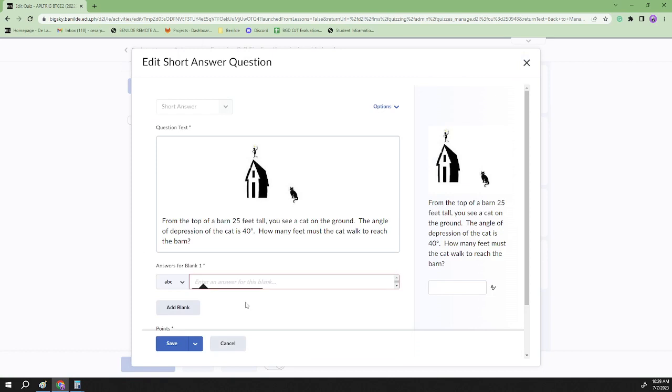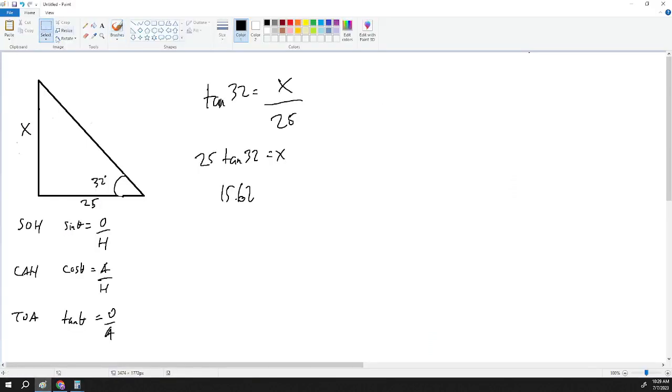Now, ito. From the top of the barn, 25 feet tall, you see a cat on the ground. The angle of depression of that cat is 40 degrees. How many feet must the cat walk to reach the barn? Ito. Sagutin niyo to ah.